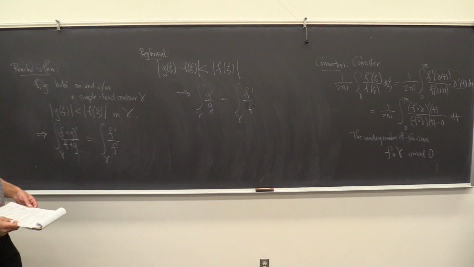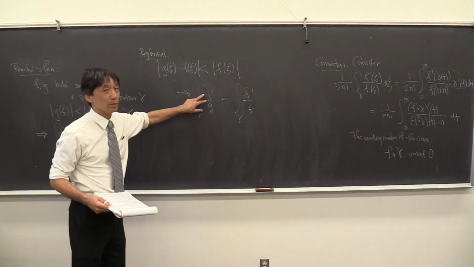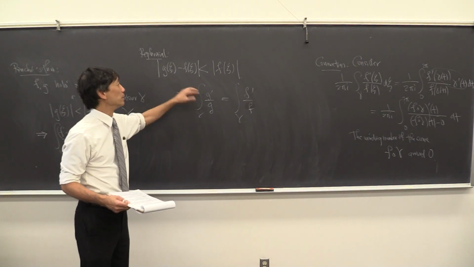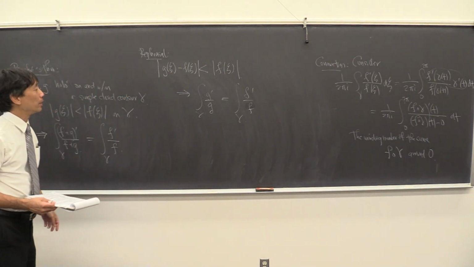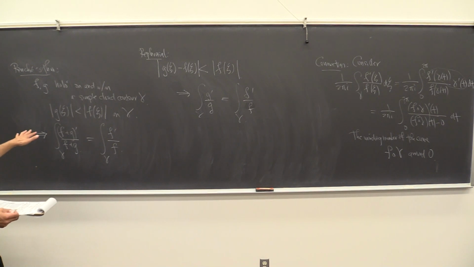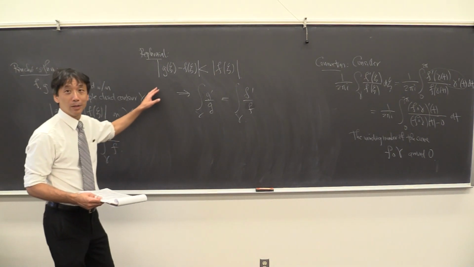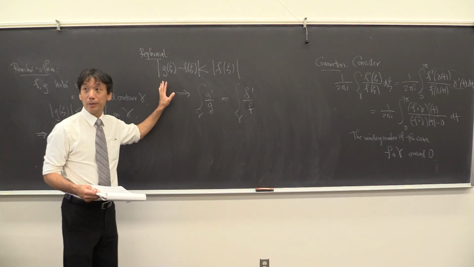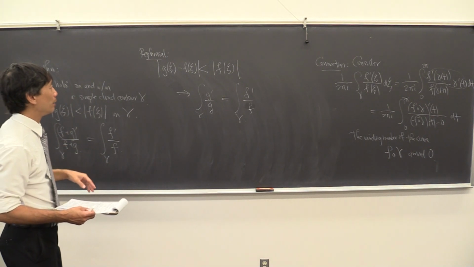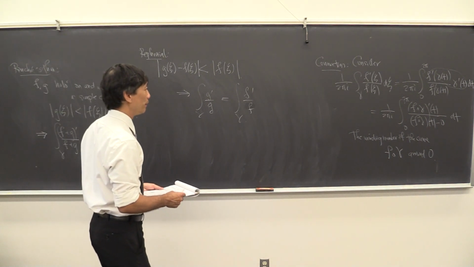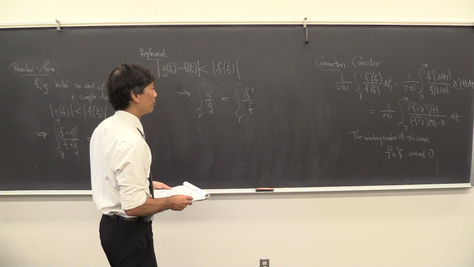This is my f plus g now. This is the sum of these guys. So this is Rouché's theorem, right? Everybody okay? So this is Rouché's theorem, but now let's think of it in terms of winding. What is this saying?